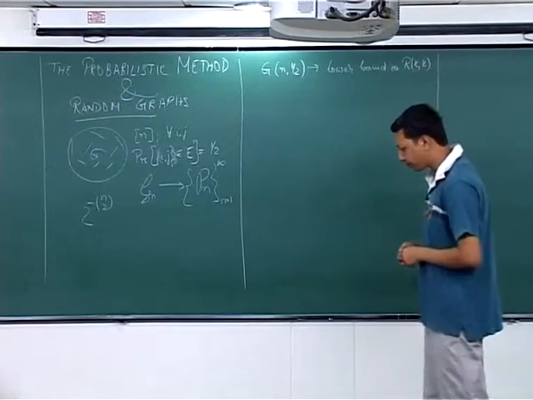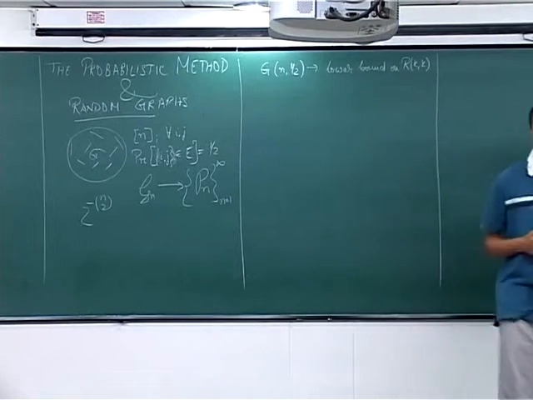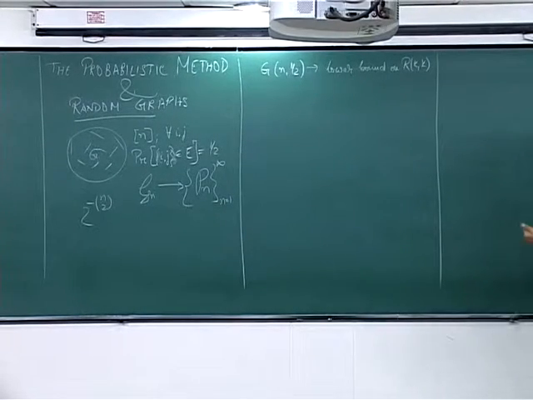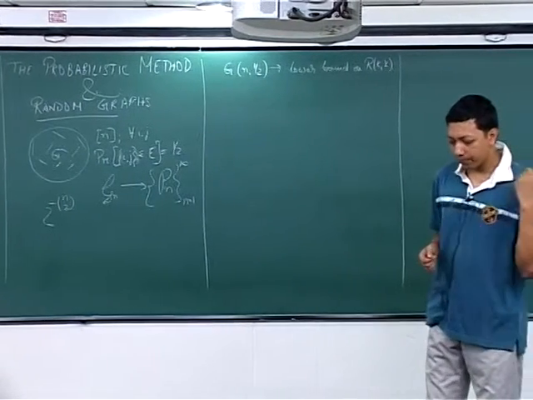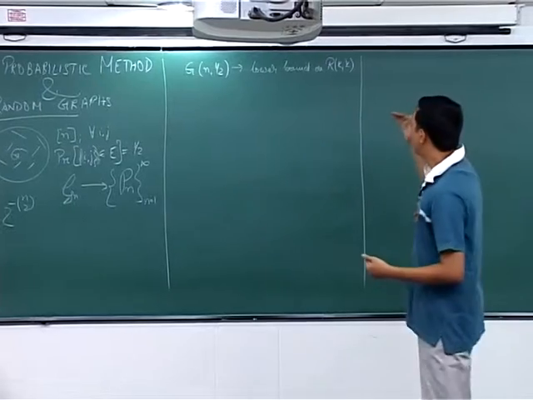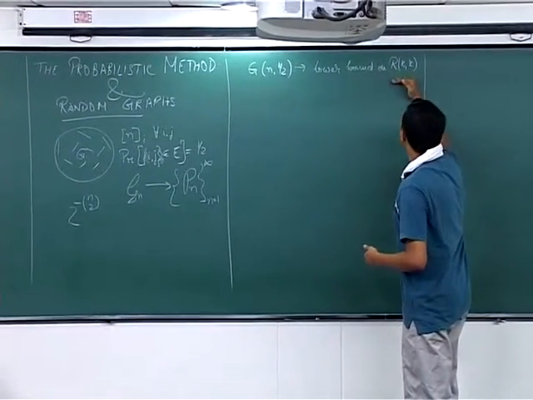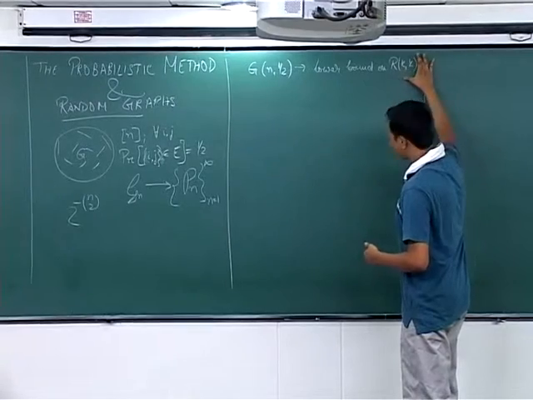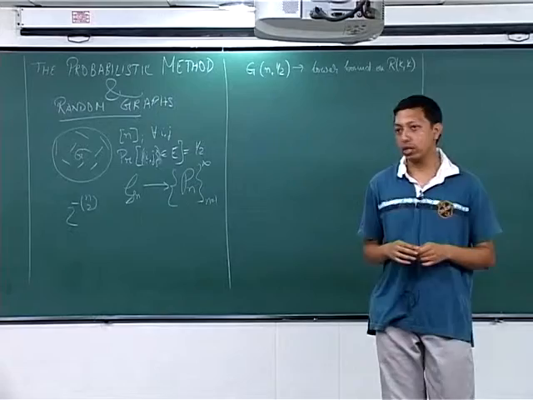So to generalize from this, what you can get using random graphs is this kind of result where you wish to prove some existential property.